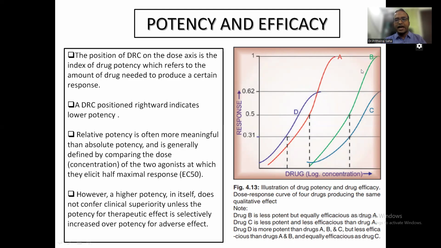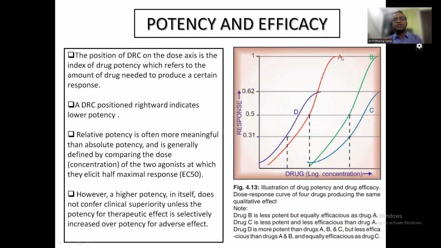So C and D are less efficacious than A and B. But now comparing A and B, to reach that amount of response, A requires a low concentration whereas B requires a high concentration. So both are equally efficacious, but A is more potent.